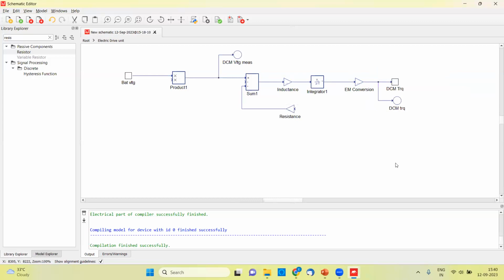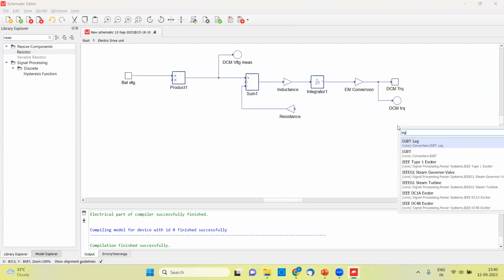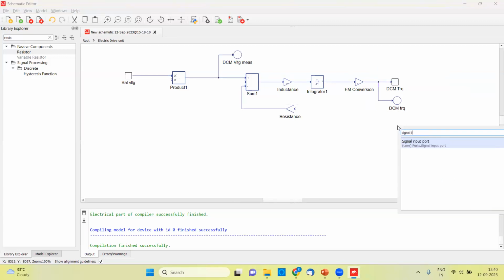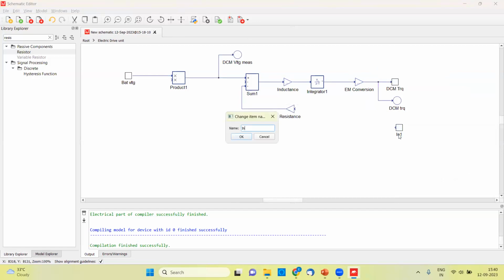Now, what I'm going to do is take few inputs also which are coming to this particular model. Signal input, because there are other components also involved for a motor. So this next component which I'm taking, I'm going to name it as DCM speed.